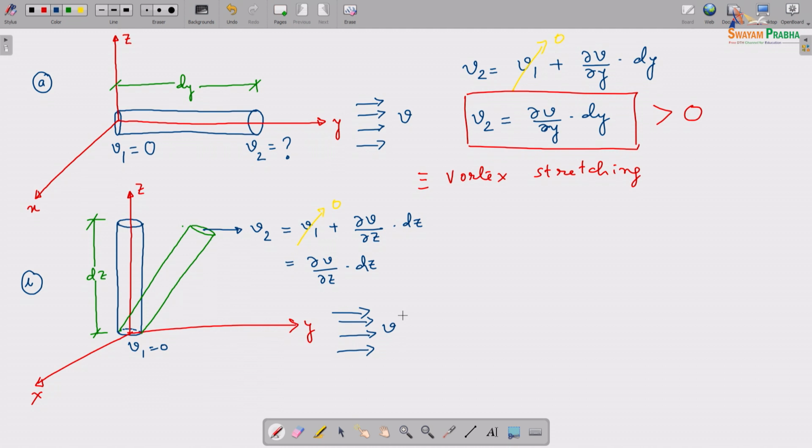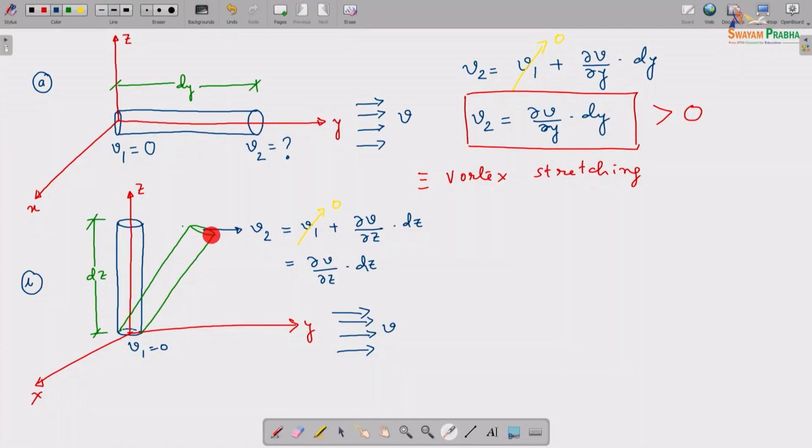So, it is interesting to see how, if there is a change in the velocity v as we go along in the y direction, then how will a fluid particle behave? You could draw parallels of this with how a boundary layer profile would look like.